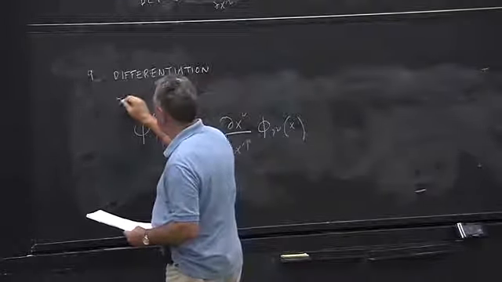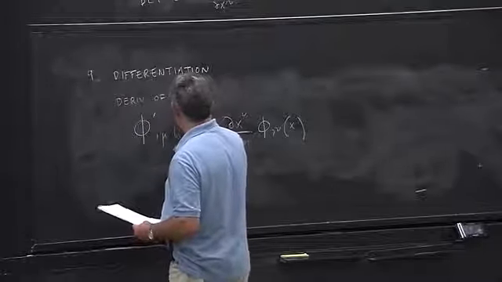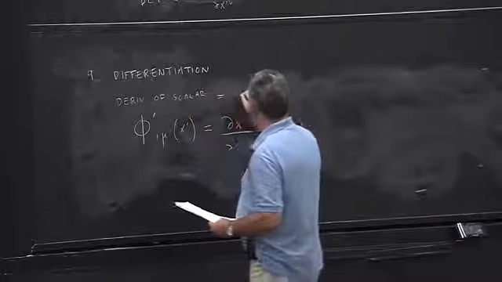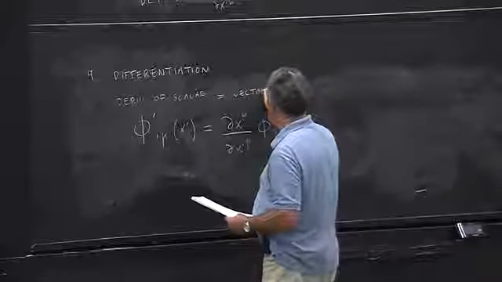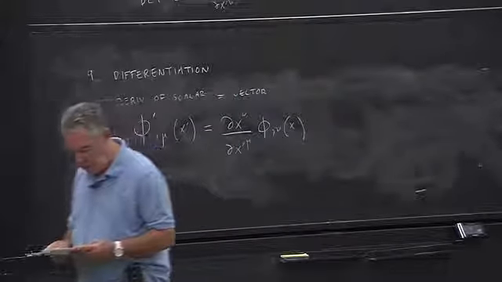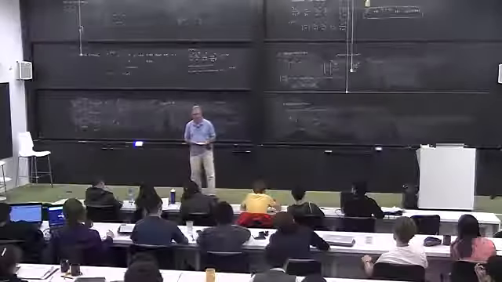So the derivative of a scalar is a vector. You might be tempted to think that the derivative of a vector is a tensor, but it's not.